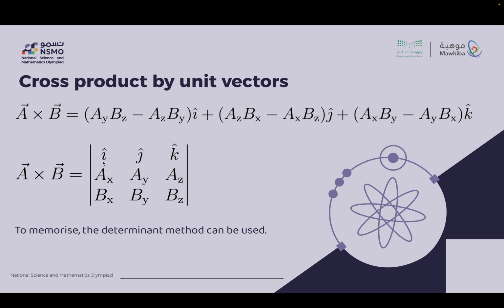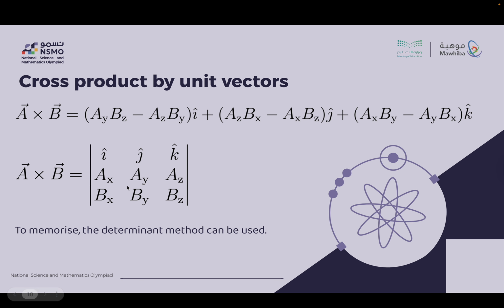We write the unit vectors and the vector components in this structure. Then, when calculating the multipliers of each of the unit vectors, we only take the A and B components that are not in that column.